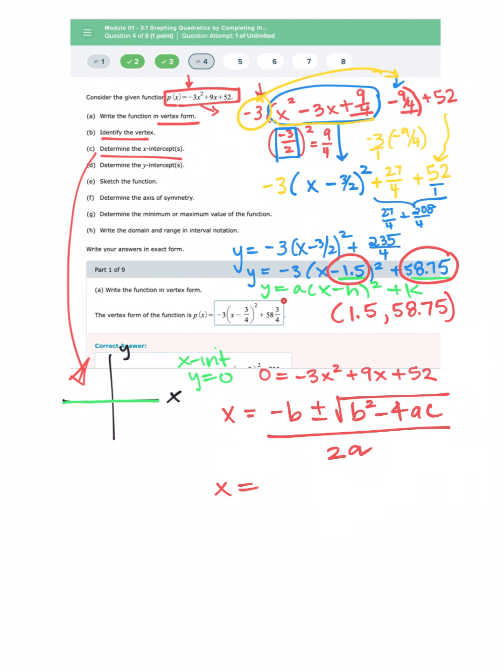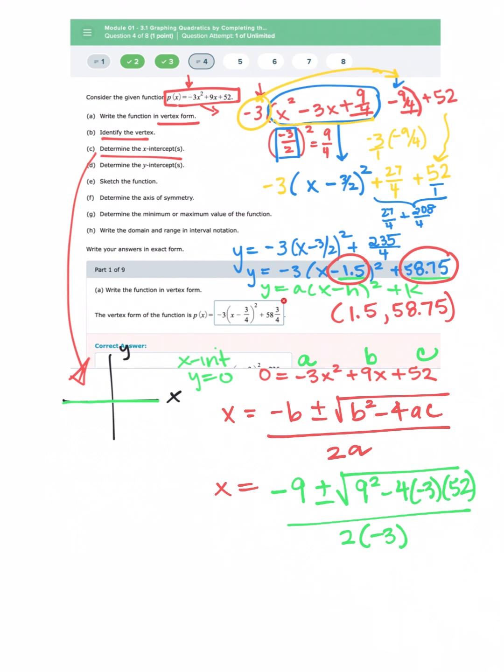And so to plug into this, we know our a is -3, our b is 9, and our c is 52. So we're going to write -9 plus or minus the square root of 9 squared minus 4 times -3 times 52, all over 2 times -3.